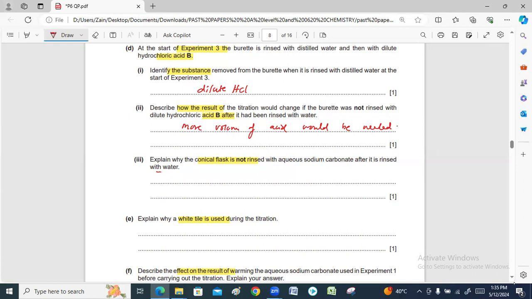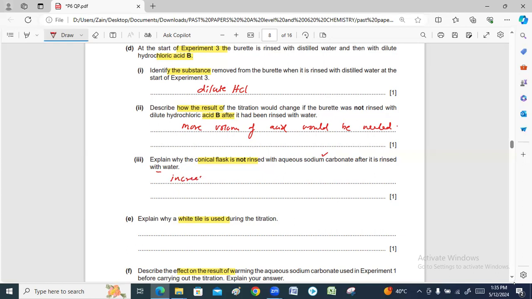So if we rinse with the sodium carbonate, what will happen? Actually, we're adding some more volume of sodium carbonate. We have to add 25 centimeter cube of sodium carbonate. So if some amount of the sodium carbonate is already present there, that will increase the volume of the aqueous solution of sodium carbonate.